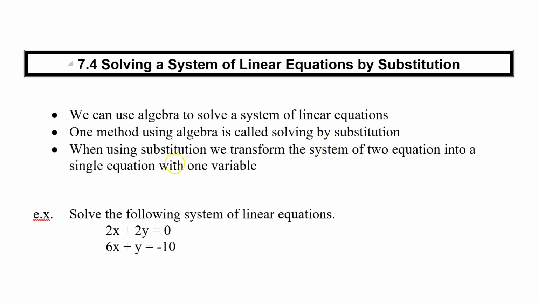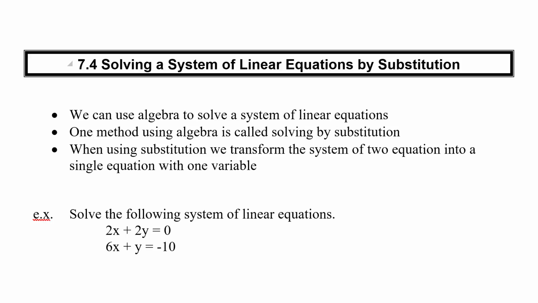When using substitution, we transform the system of equations into a single variable. Most of our systems have two variables, usually x and y. Essentially we're going to eliminate one of those variables, and then when we only have a single variable left, we can solve what that variable stands for. So let's look at how we do this.